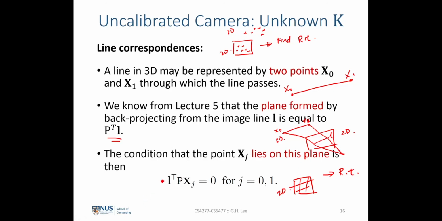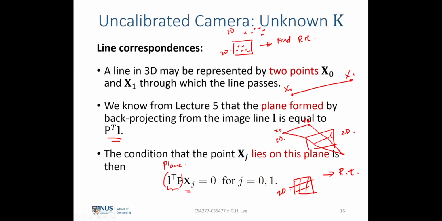So we can write this relation mathematically in terms of the dot product of the plane. This first is the plane equation. We can take the dot product of the plane equation with any one of the 3D points, and that should be equal to 0.